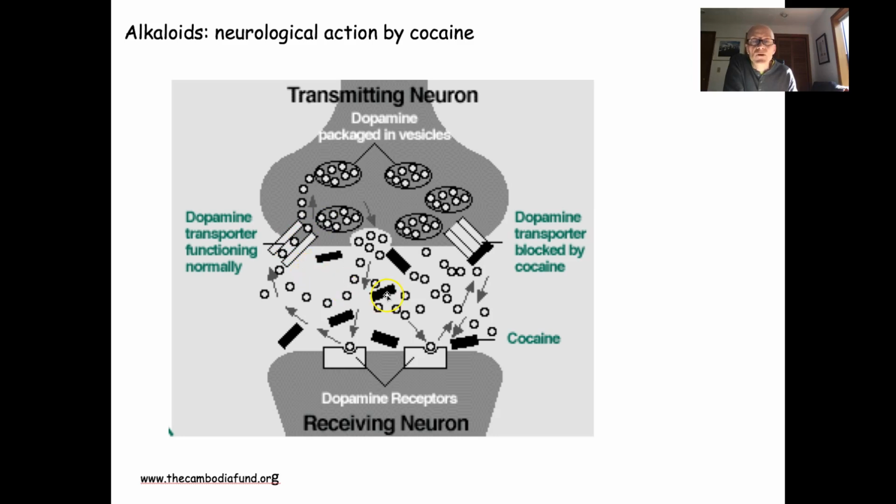So what does cocaine do? Cocaine binds to the uptake transporter, and so it basically blocks it. That means dopamine increases in concentration in the synaptic cleft, and it bounces around, and every time it hits one of these receptors, it adds another transmission of response.